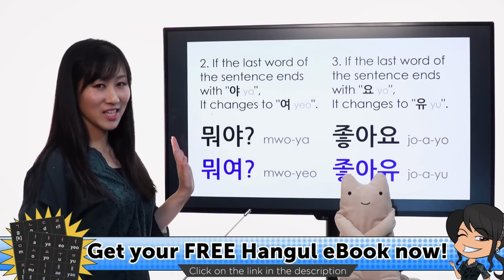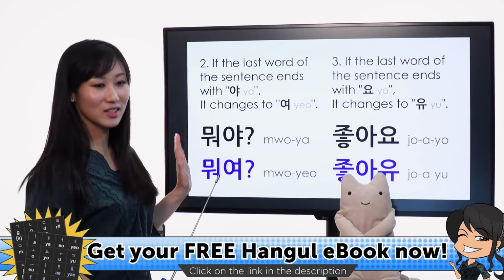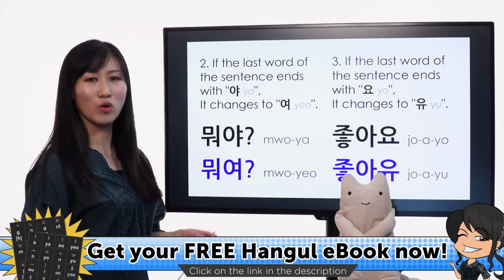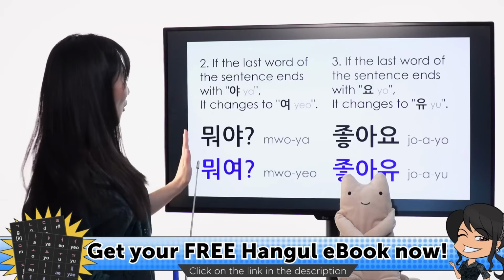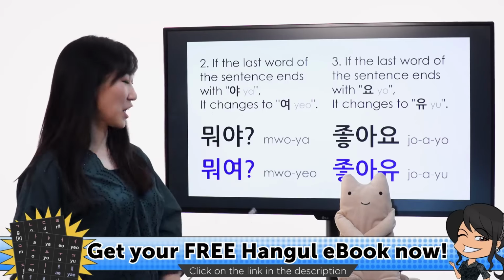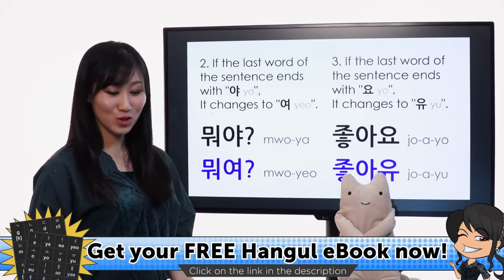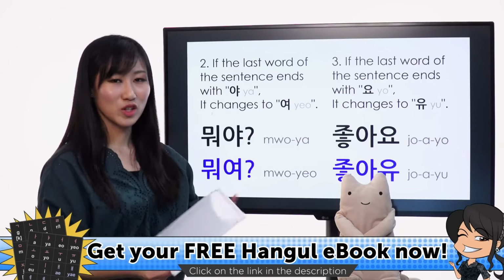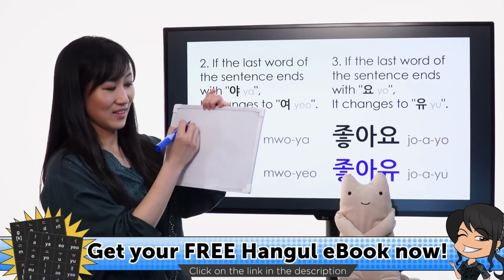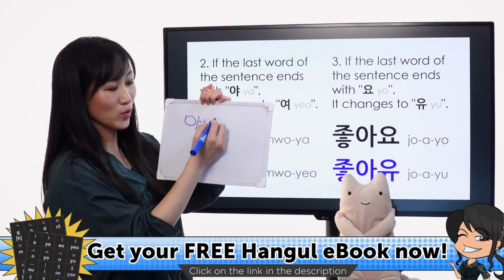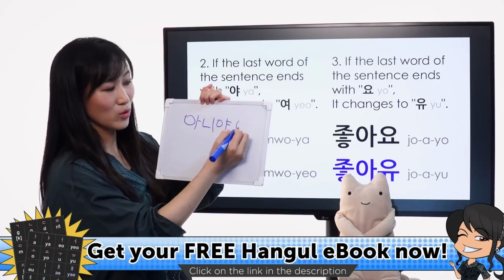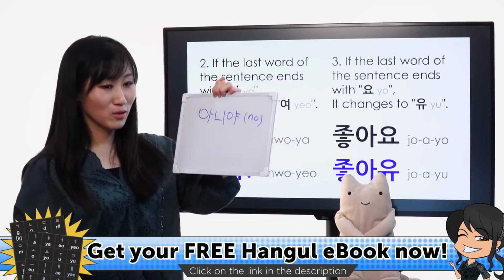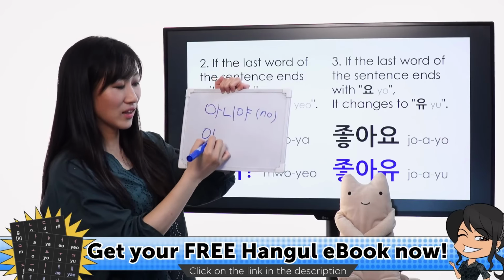Yeah, my relatives speak this way, like 뭐요? 뭐야 is standard Korean and 뭐요 is 충청도 dialect. Or do you know 아니야? This means no, it's okay, or no. But they say 아니요.